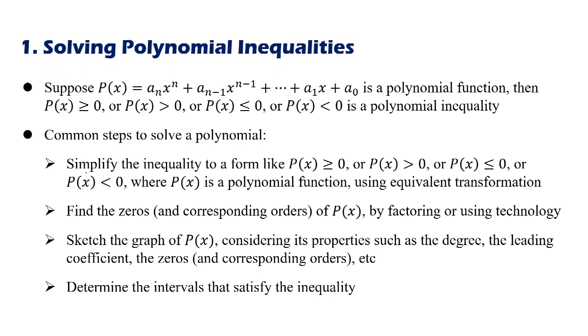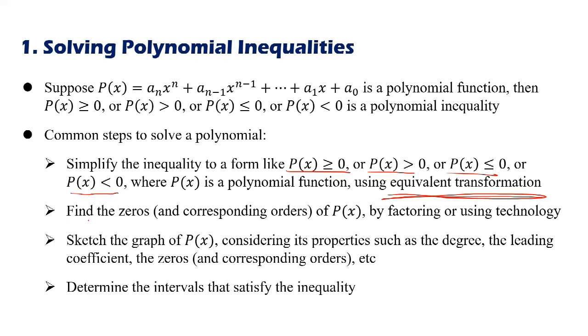First, usually we need to simplify the inequality to a form like one of these, where p(x) is a polynomial function. Usually we do the simplification using equivalent transformation, so after the transformation, the new inequality must be equivalent to the original one.